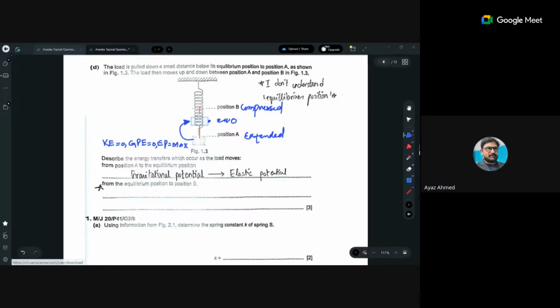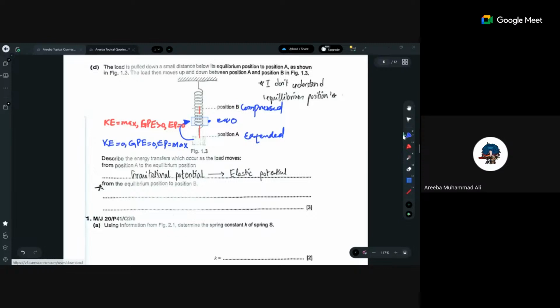Then at point O, kinetic energy is maximum. GP is greater than 0. Elastic potential energy is 0. ठीक है, ये बात याद रहेगी.